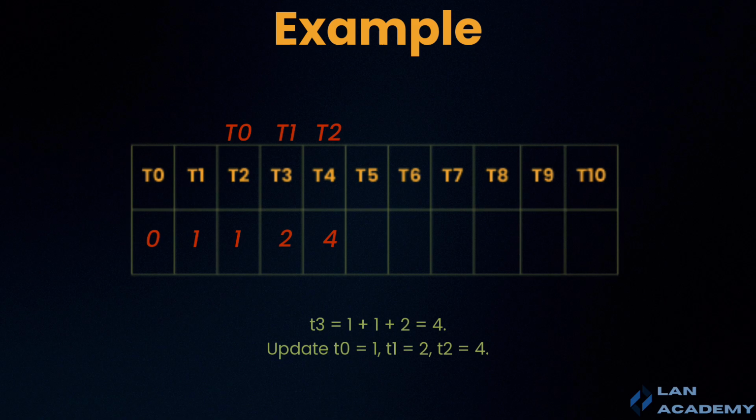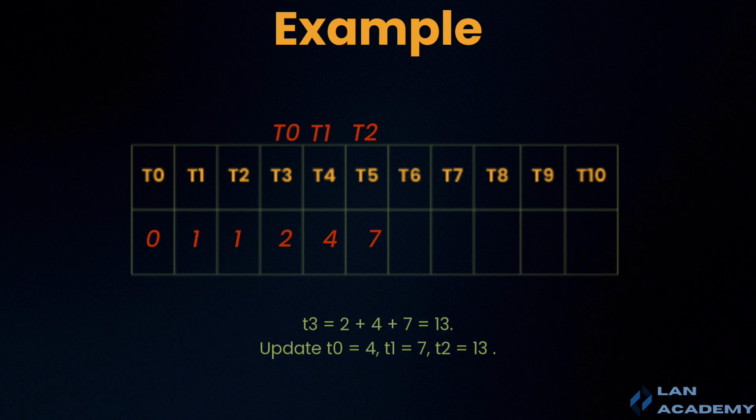Update t0 to 1, t1 to 2, and t2 to 4. Iteration 3: compute t3 as 1 plus 2 plus 4, that equals 7. Update t0 to 2, t1 to 4, and t2 to 7. Iteration 4: compute t3 as 2 plus 4 plus 7, that equals 13. Update t0 to 4, t1 to 7, and t2 to 13.